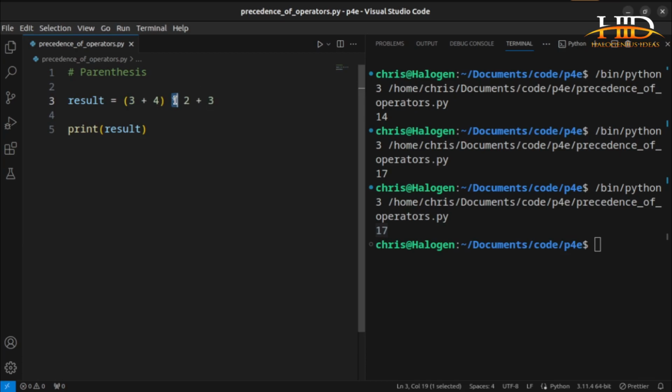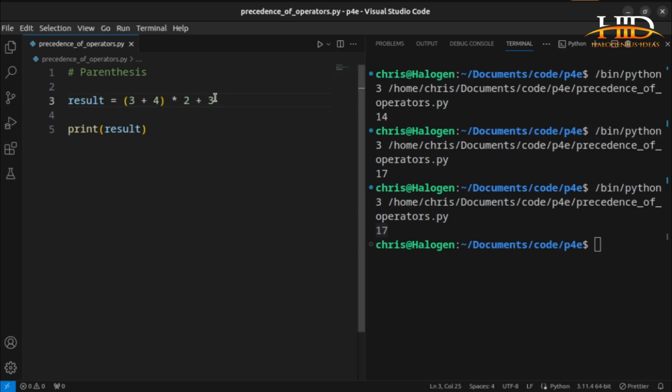Then it will go for the addition, which is the least on the order of execution. So that is the reason why I'm having 17. 3 plus 4 is 7, multiplied by 2 gives 14, plus 3, which is 17.